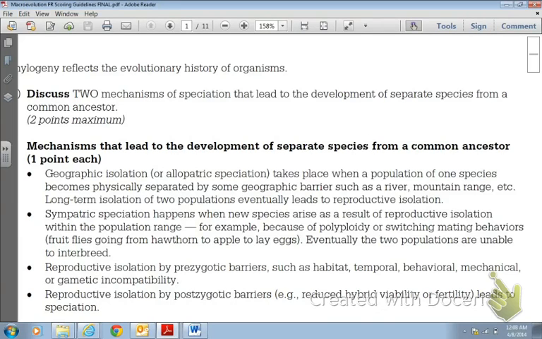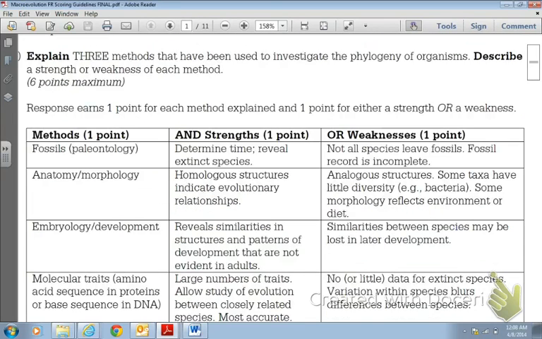Okay, part B. Explain 3 methods that have been used to investigate the phylogeny of organisms. Describe a strength or weakness for each method. Alright, so you get 3 points for all 3 of them. So 6 points possible.